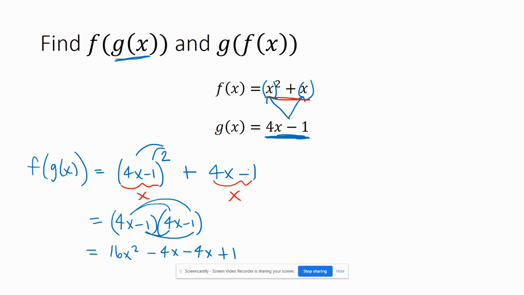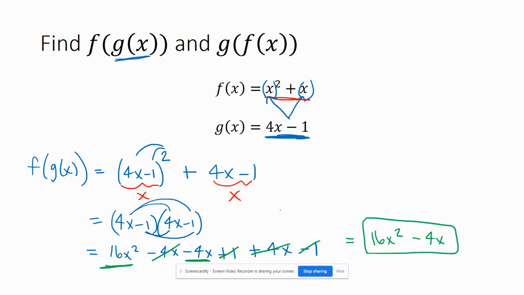And then we're adding on this 4x minus 1 at the end. So we've got a lot of things to sort out here. And some of them are going to cancel. Minus 4x plus 4x can cancel. Plus 1 and minus 1 can cancel. So really, we're just left with 16x squared minus 4x, which did not cancel with anything. So that would be f of g of x.